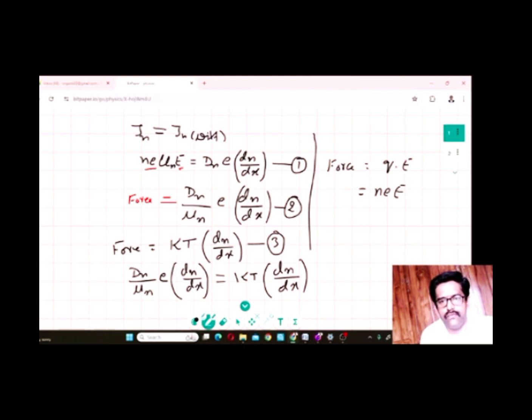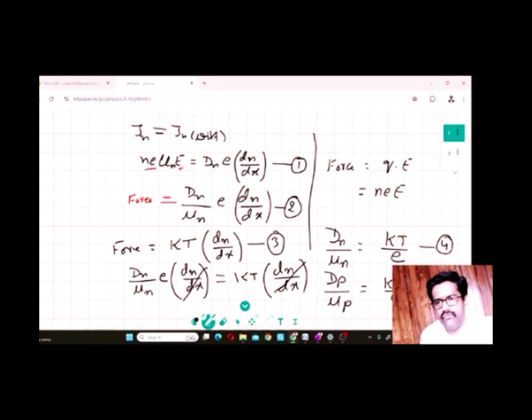Now cancel this. So finally we get Dn by mu n is equal to kT by e. This is for the n-type semiconductor. Similarly, for the p-type semiconductor, Dp by mu p is equal to kT by e.